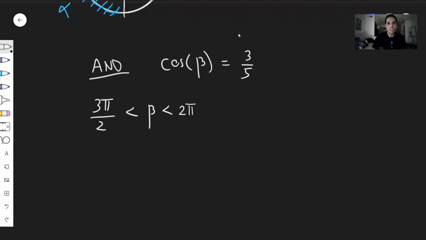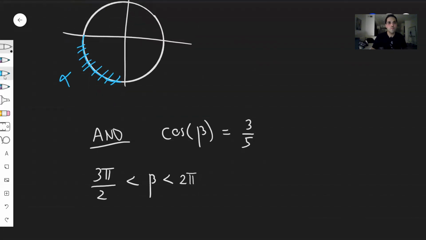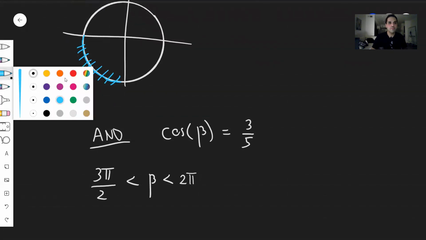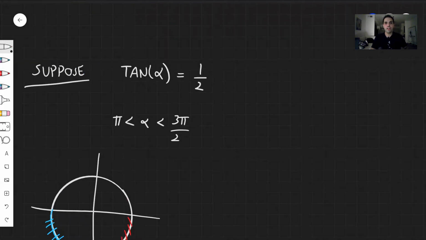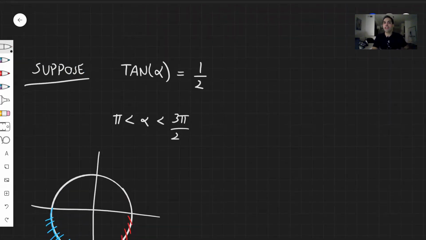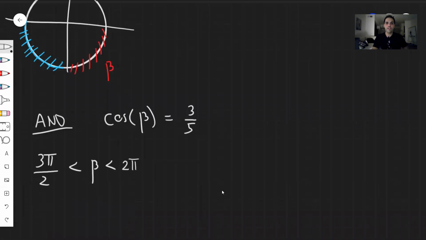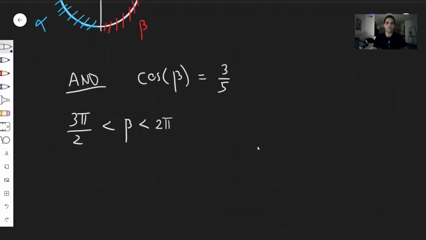So what this means is, in our circle, beta is in the fourth quadrant. So beta is here, and in particular, cosine of beta is positive, and sine of beta is negative. So again, we have two angles, alpha, tangent of alpha equals 1/2, and cosine of beta equals 3/5.